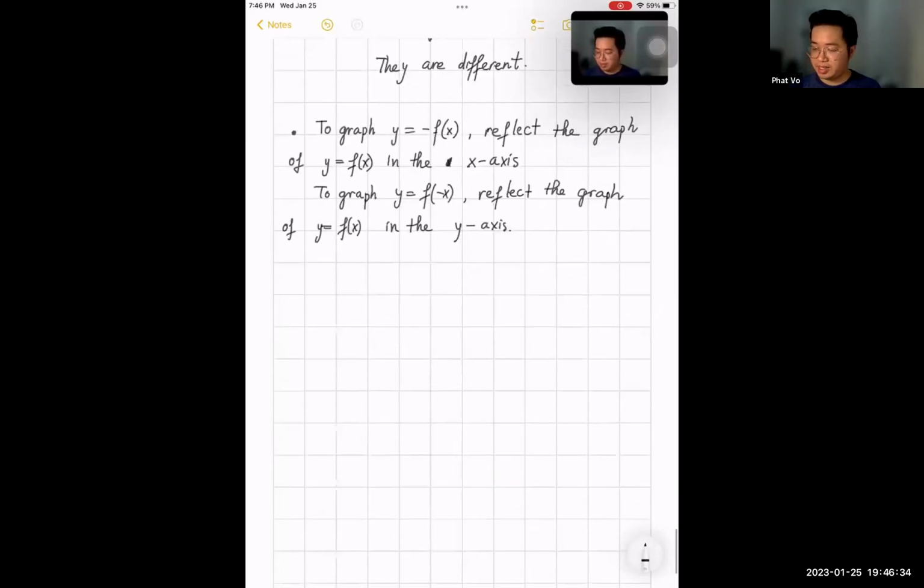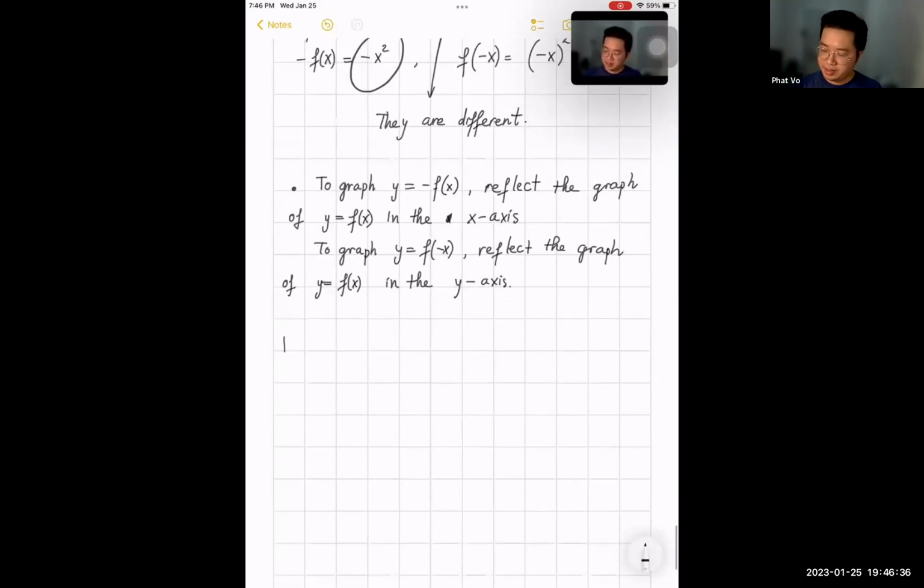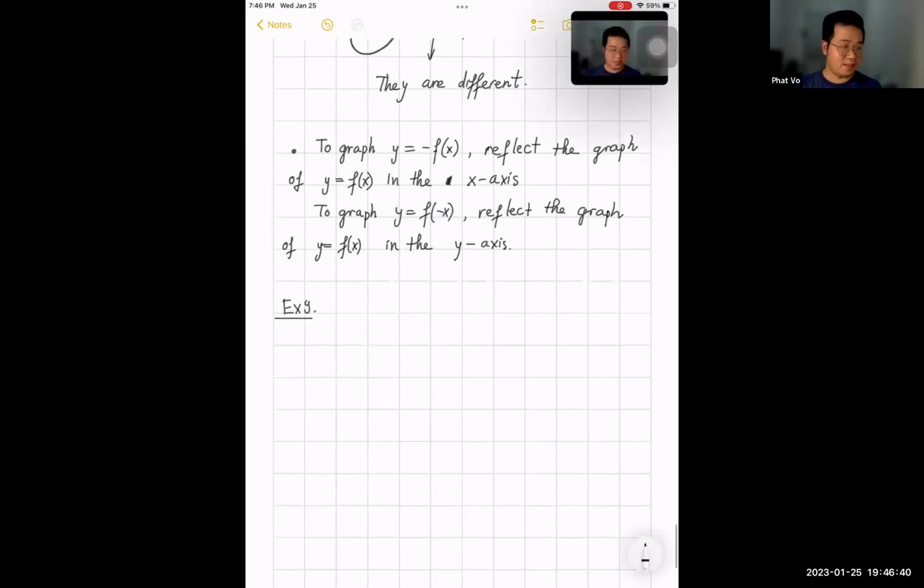Example 9. Okay, so I will ask you to sketch the graph of the function y equals negative x squared by using the graph of y equals x squared.